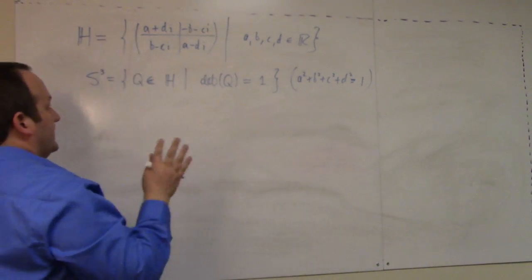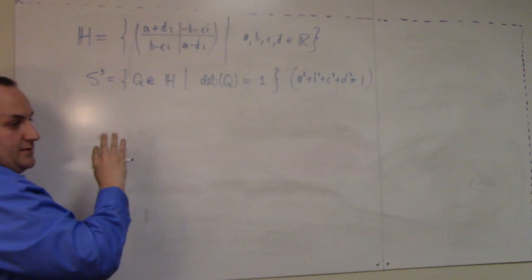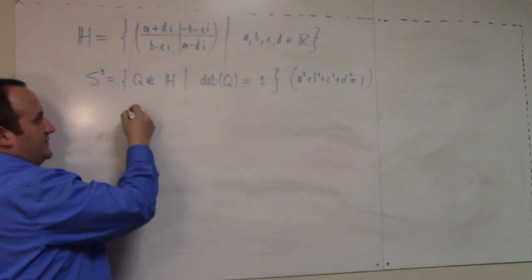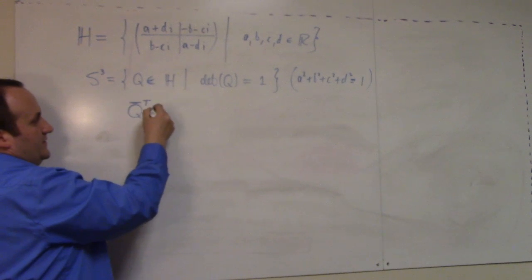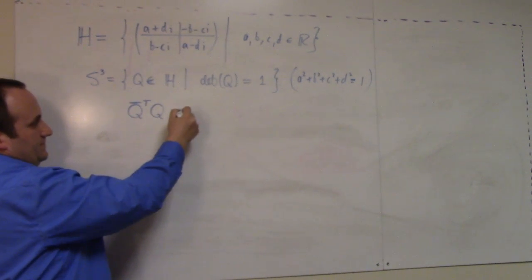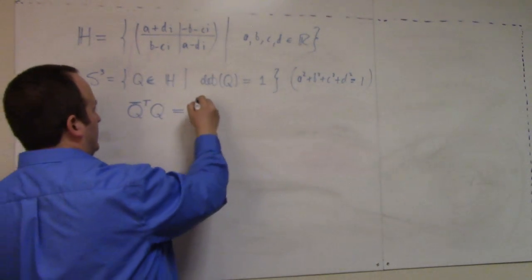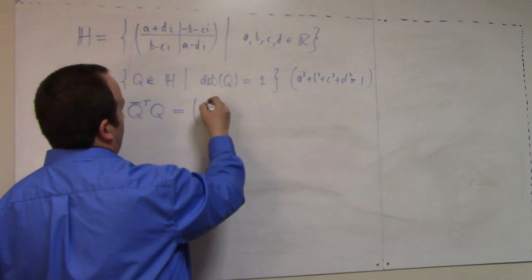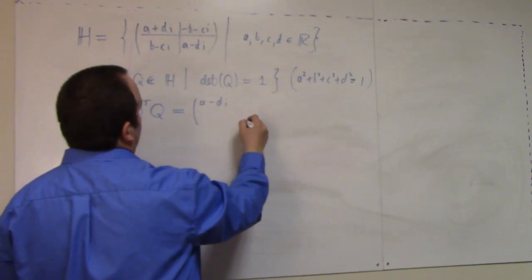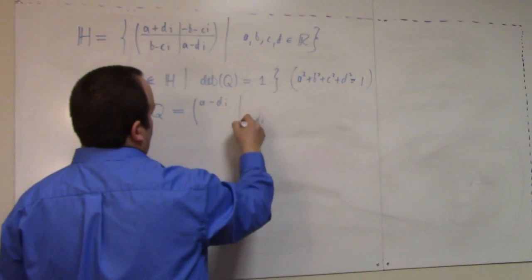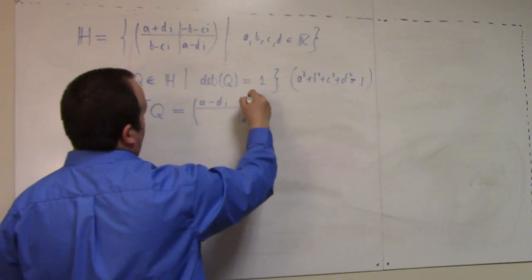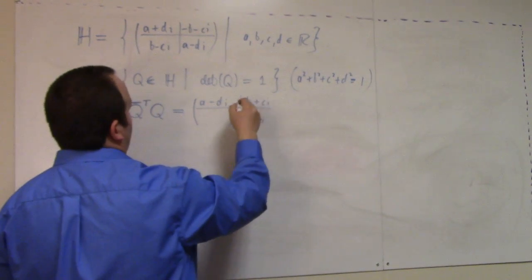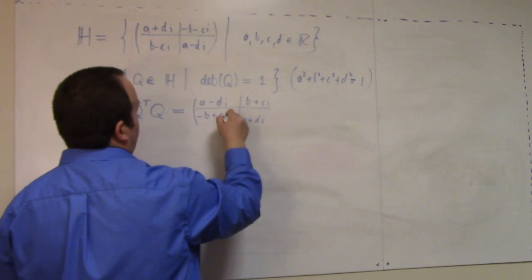Now, if I look at Q as a 2x2 complex matrix, you can verify that it satisfies the following identity: Q conjugate transpose times Q is equal to what? Let's see. Conjugate transpose: the conjugate changes A minus DI to A plus DI, and the transpose flips the off diagonals, so I get B plus CI up here and minus B plus CI down here.